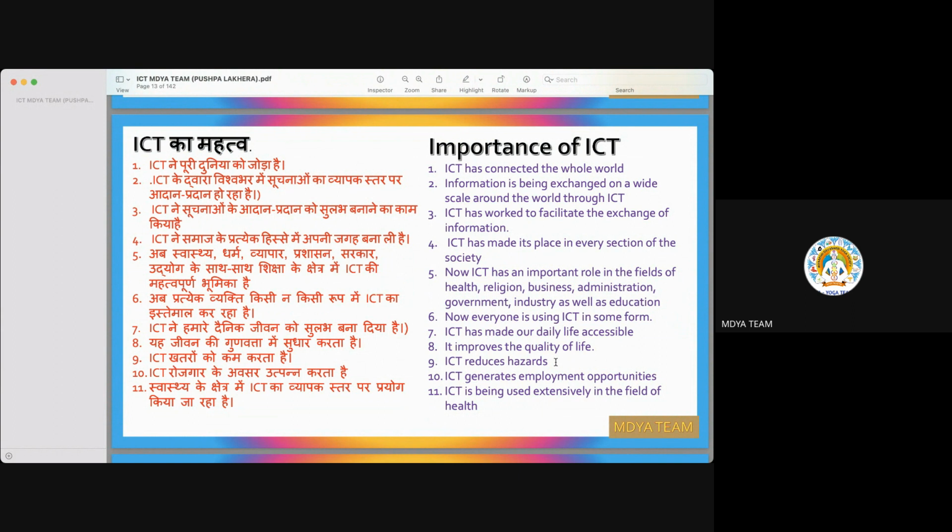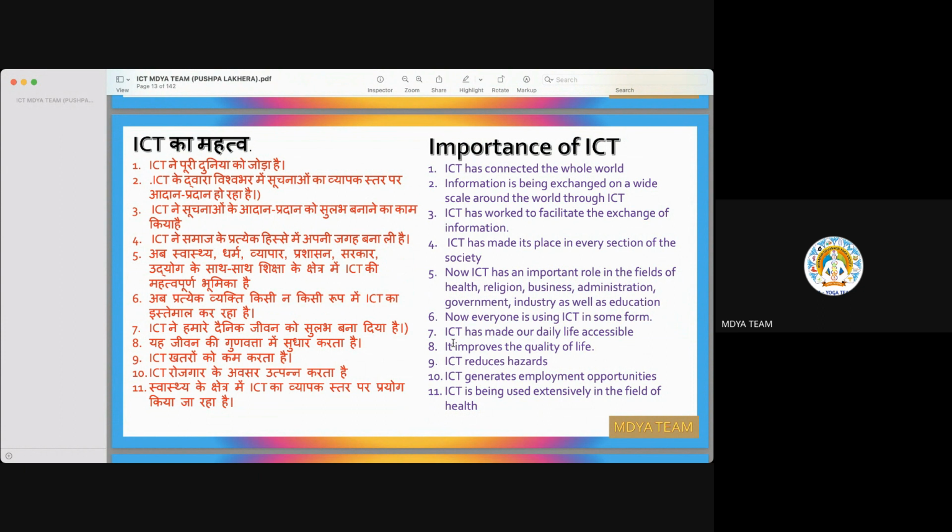This is nothing much, we have already discussed. Every section of society it covers. Yes, it is in health, business, administration, government, industry, education, everywhere you will find this.